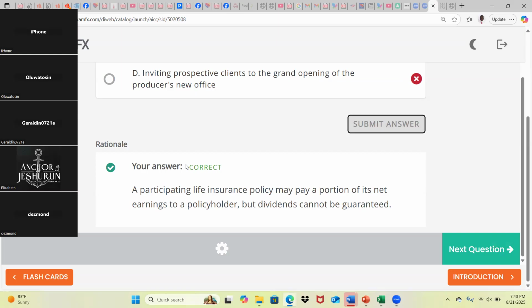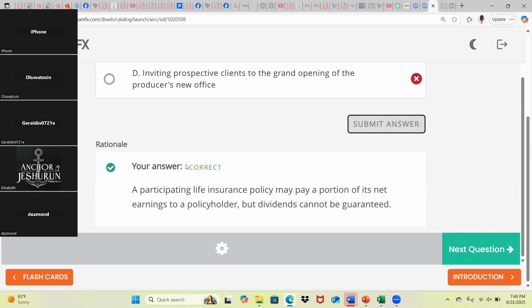At the end of the year, the company will tally the premiums and other revenues it has received. When these revenues are in excess of the company's expenses, that difference is paid back to policy owners as dividends. Also remember that you do not pay taxes on dividends.